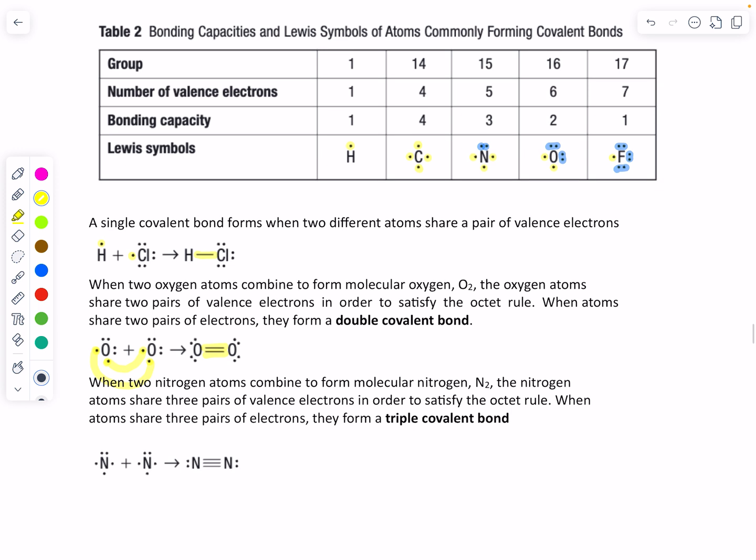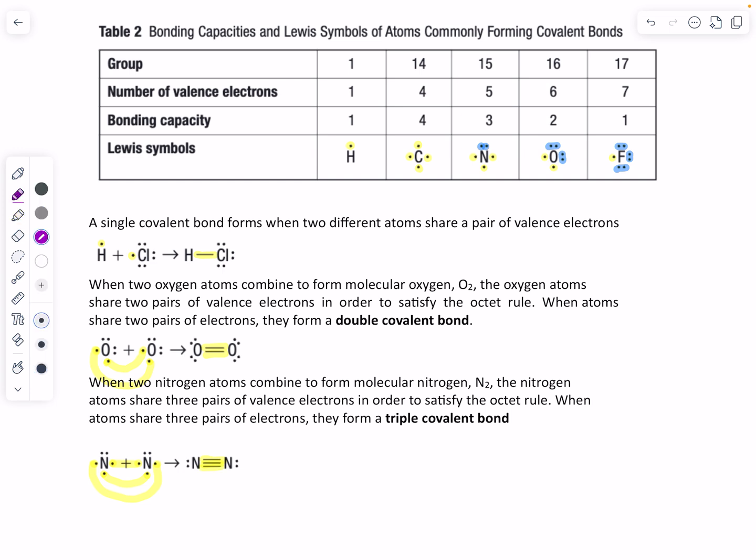When 2 nitrogen atoms combine to form molecular nitrogen, the nitrogen atoms share 3 pairs of valence electrons in order to satisfy the octet rule. When atoms share 3 pairs of electrons, they form a triple covalent bond. So each has 3 bonding electrons, and these bonding electrons can form 3 covalent bonds, and we end up with a triple bond.